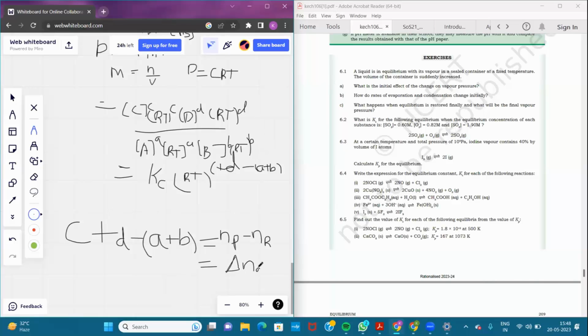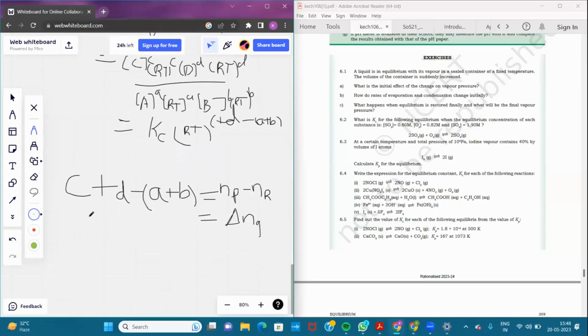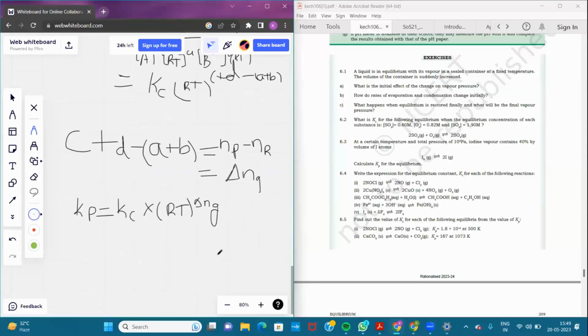Therefore, the relation would be Kp equals Kc into RT power delta ng.